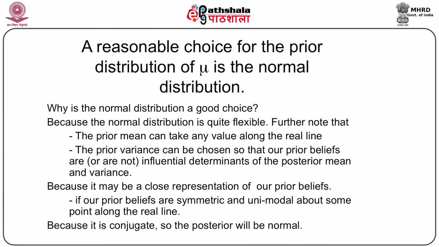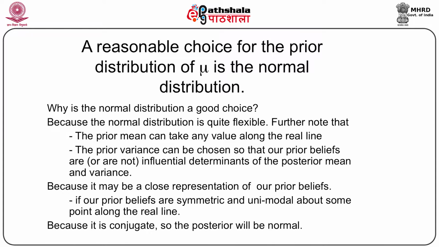A reasonable choice for the prior distribution of mu will be again a normal. Why? Because the normal distribution is quite flexible. The prior mean can take any value along the real line. The prior variance can be chosen so that our prior beliefs are or are not influential determinants of the posterior mean and variance.